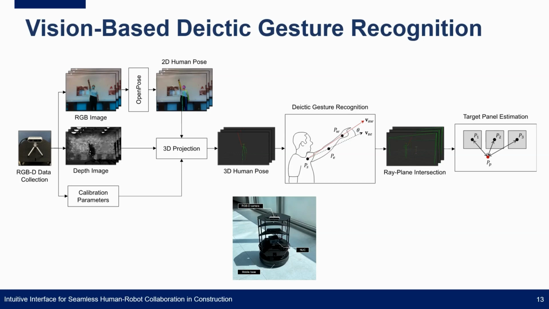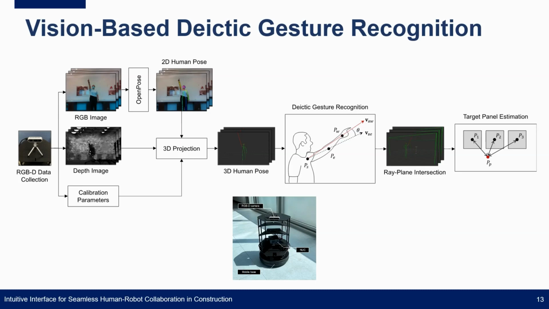Suppose the robot is positioned facing the human pointers, then RGB and depth images are collected simultaneously. In this case, we get the 3D human pose from the RGBD images to identify the location of the target in the environment.